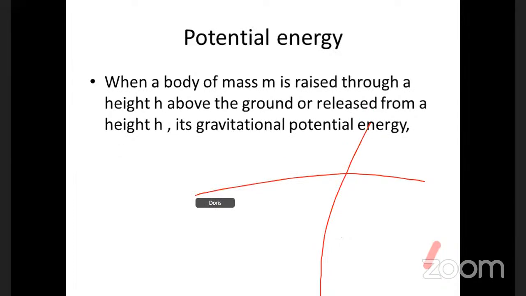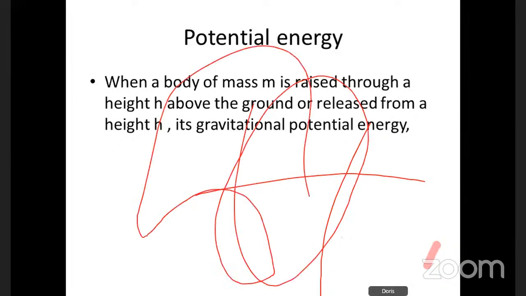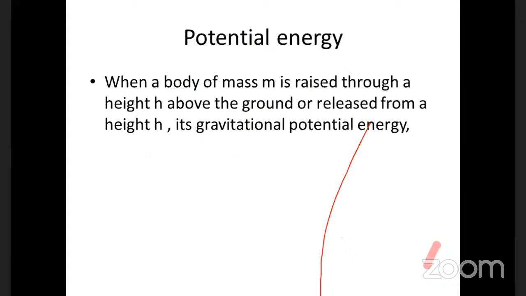So now let's look at the potential energy here. With potential energy, we have that when a body of mass M is raised through a certain height above the ground, or it is released from a certain height, which is h, its gravitational potential energy can be calculated.